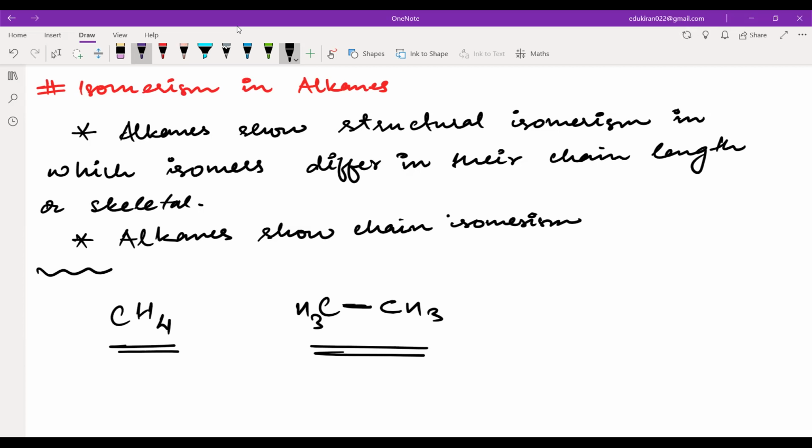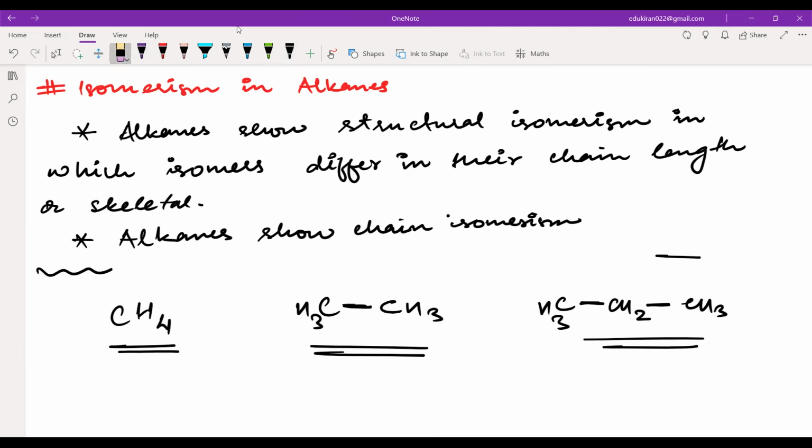Now, if I have CH3, CH2, CH3, whenever we have this type of structure we cannot write any chain isomerism, because we have only 2 bonds and there is only one way to place the 2 bonds like this, nothing else, right?